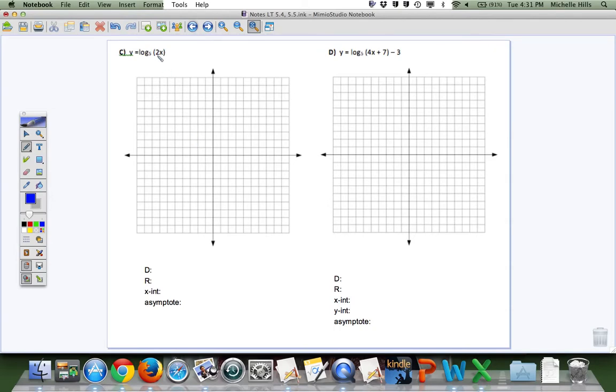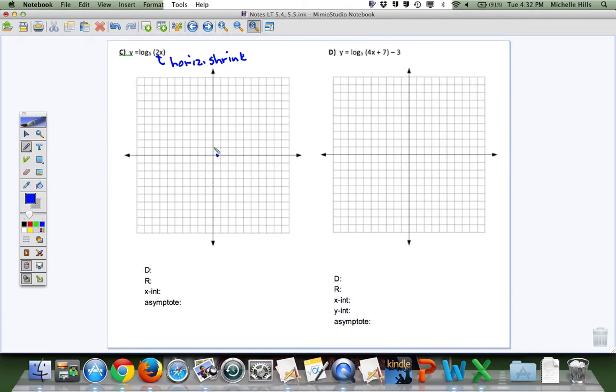I am noticing in this case the x is being multiplied by 2. So this is a horizontal, and remember the horizontal ones are kind of backwards from what you think it should be, shrink. So normally if y is 0, x is 1, but it's only going to be half that.